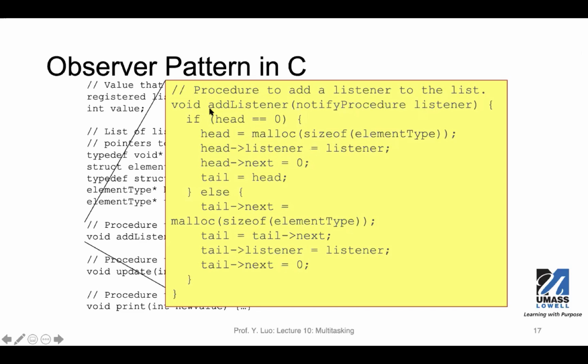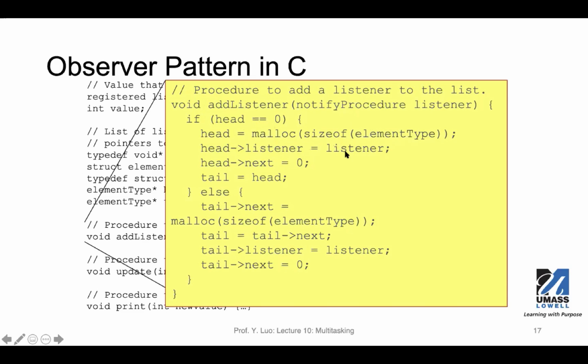In this procedure, called add listener, we grow the linked list. We're going to check if the linked list has never been initialized. In that case, it has no nodes, so the head pointer is null. In this case, we're going to create the first node on this linked list. So we do malloc, create this node, and then we're going to initialize the listener function.